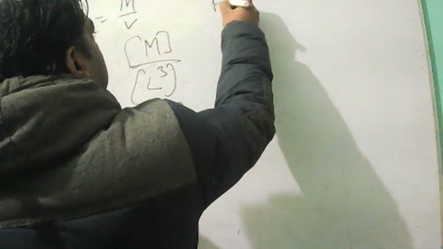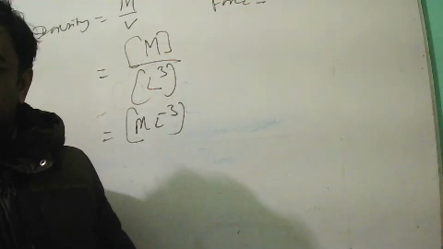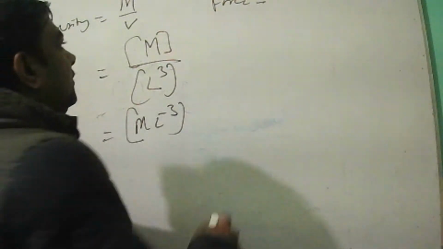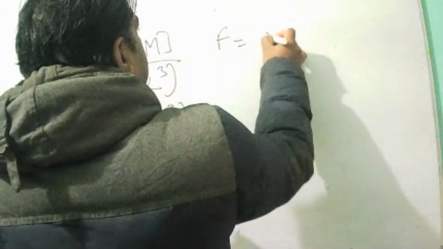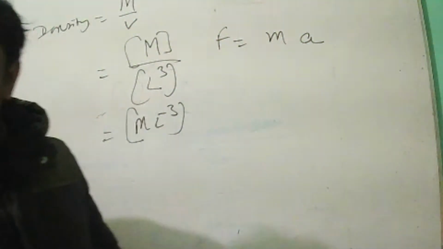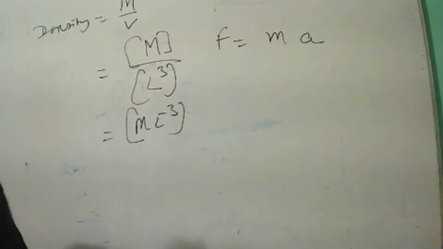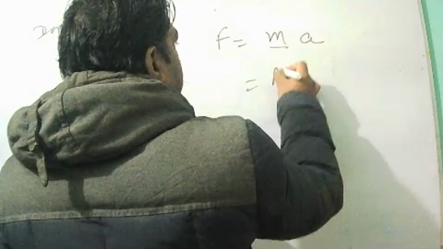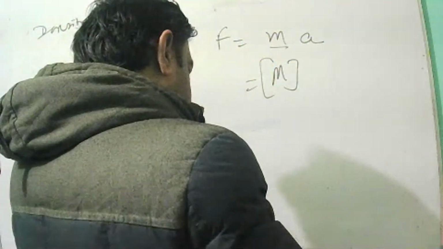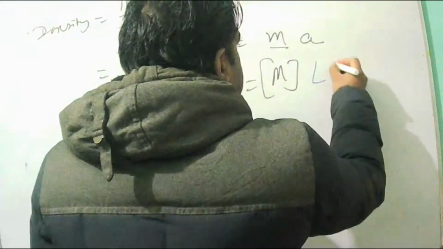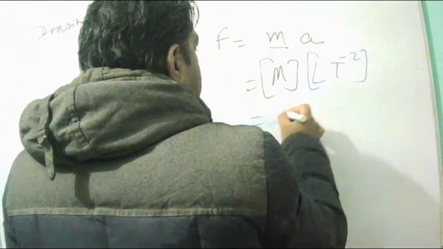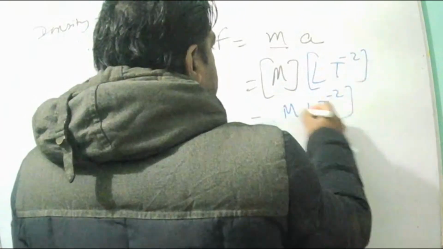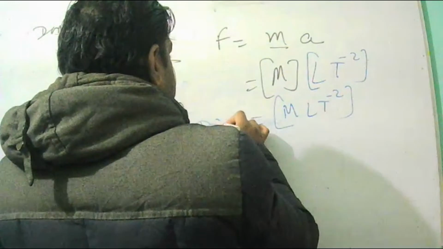Next, after density, force. Force is equal to, formula for force? Don't remember? F is equal to m into a. Force is equal to mass into acceleration. So what is dimension formula for mass? M. Just now we have calculated for acceleration. What was this for acceleration? L t minus 2. Combined with, we get M L t minus 2. So this is the dimension of force.